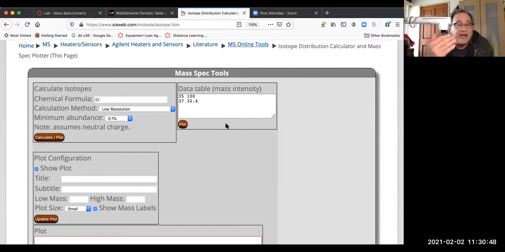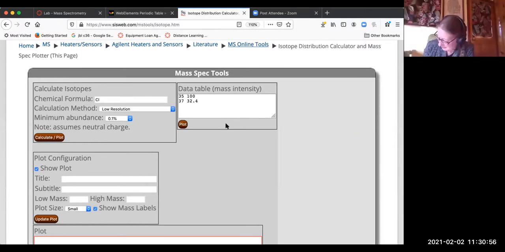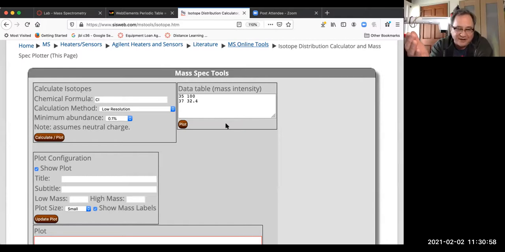Which one has a bigger abundance? 35. By 3 times. Because when you answered the question, which one's bigger, 37 is clearly bigger, and I didn't ask the question correctly. That's on me. Which one is most abundant? 35. And that's what I meant to ask. I'm sorry. That's okay.